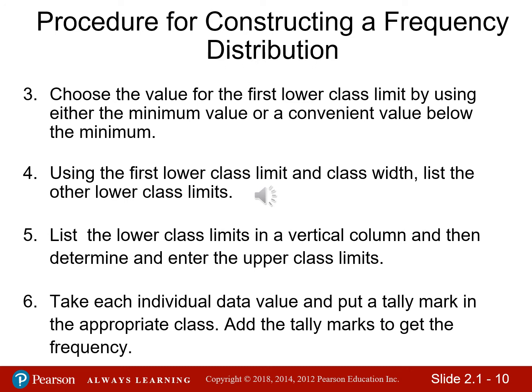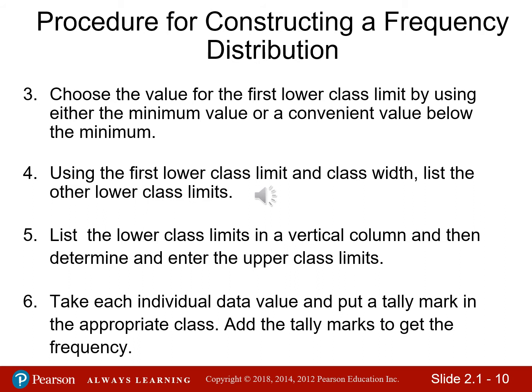In step 3, we choose the value of the first lower class limit by either selecting the smallest value in our data set or a value that makes the most sense to us. Step 4, we use our first lower class limit and the class width to find the other lower class limits.